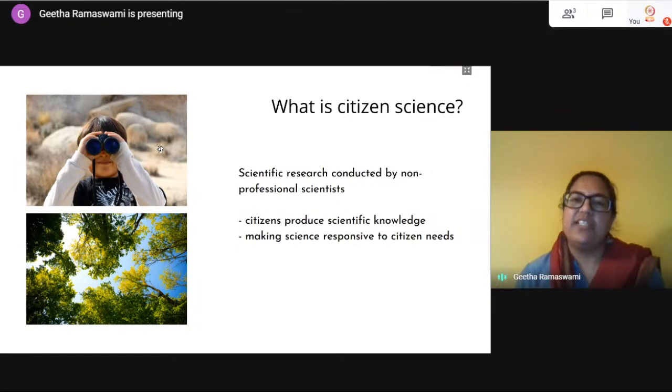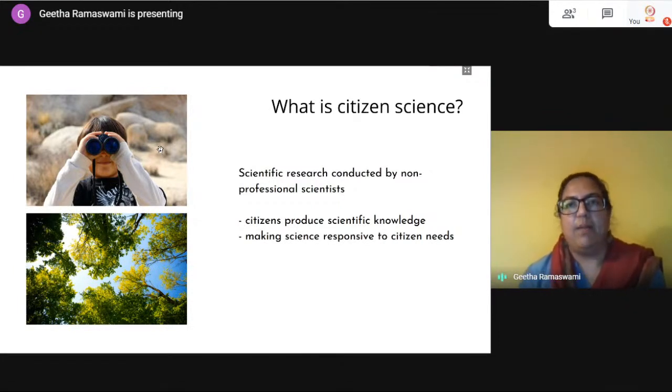And the need for citizen science arises when scientific knowledge production is required at very large scale. And citizens who are not practicing scientists can also easily contribute to production of scientific knowledge by understanding the question and following the protocol that's required for the citizen science project.